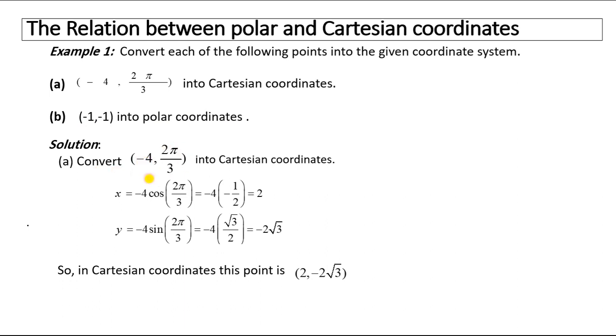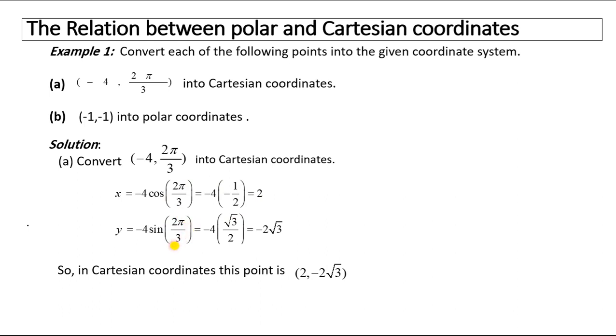I want to convert r theta to Cartesian coordinates. x equal minus 4 cosine 2 pi over 3. Cosine 2 pi over 3 is in the second quadrant, so it is negative. I have minus 4 multiply by minus half equal 2. y equal minus 4 sine 2 pi over 3.